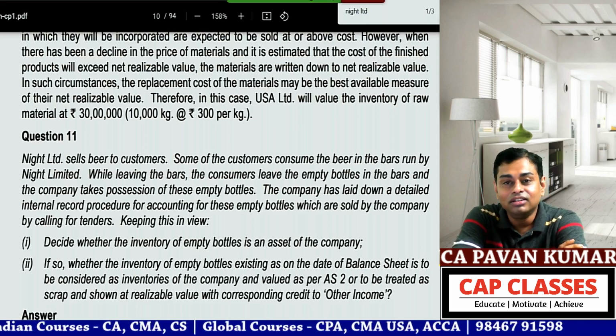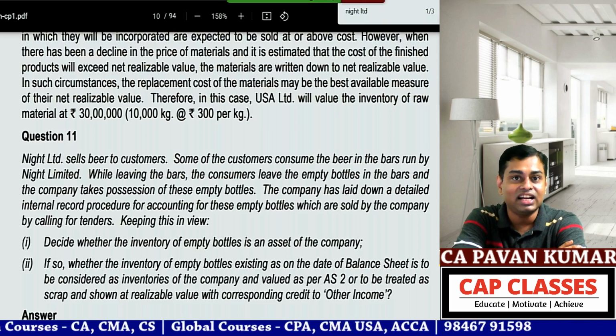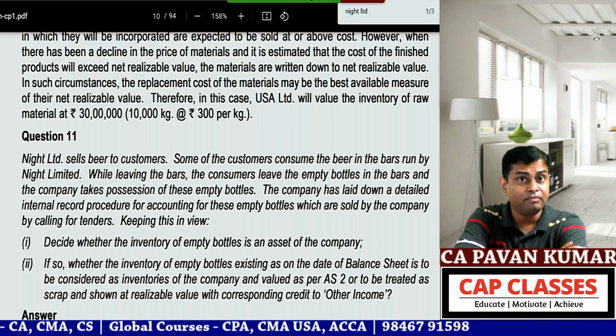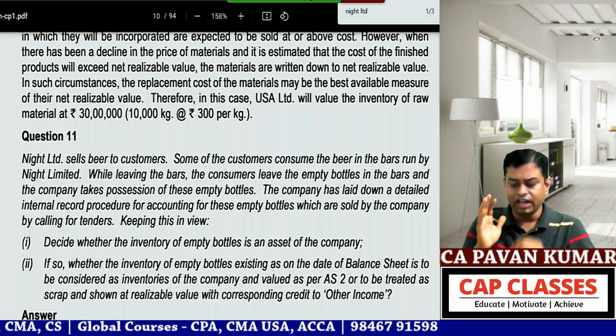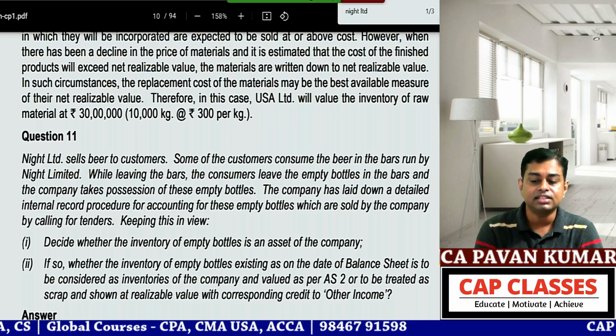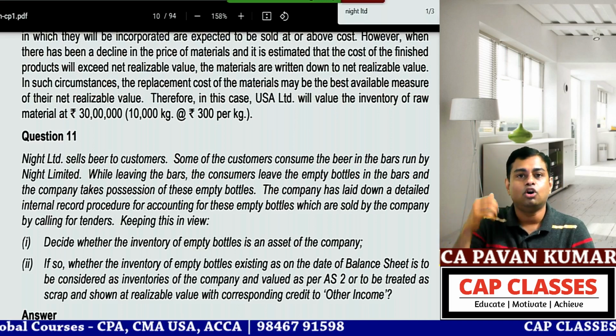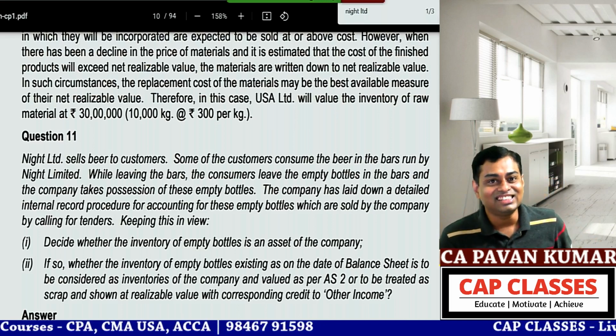Yes or no? So that empty bottle, whatever is there in the custody of the company on the balance sheet date, is an asset. Obviously, yes, they are assets of the company.